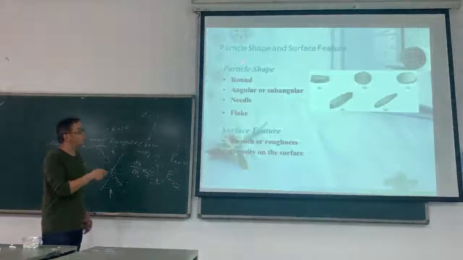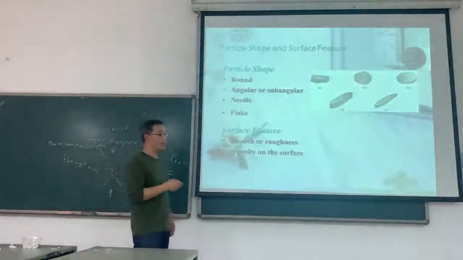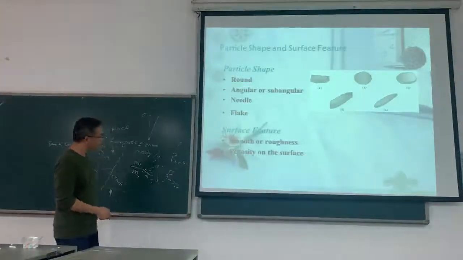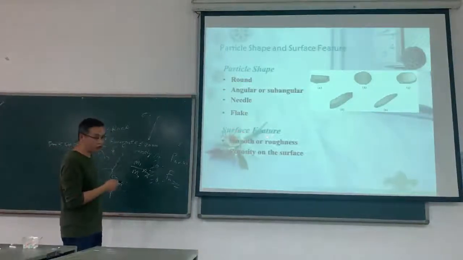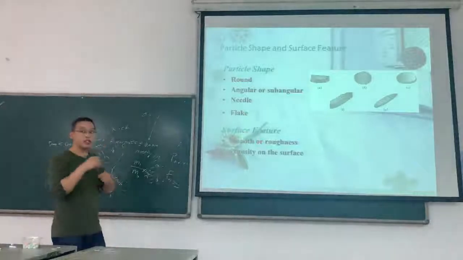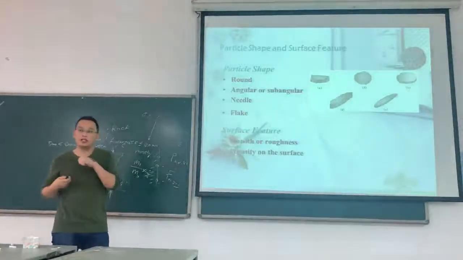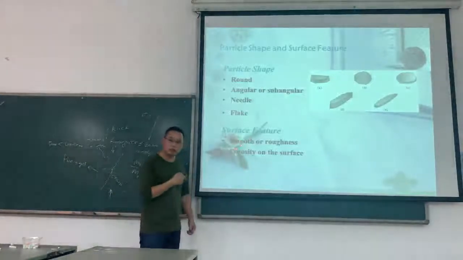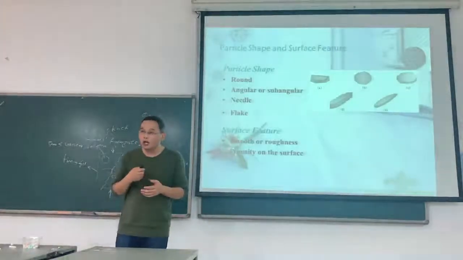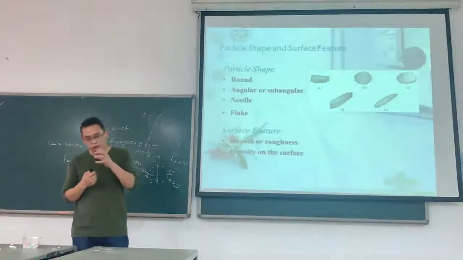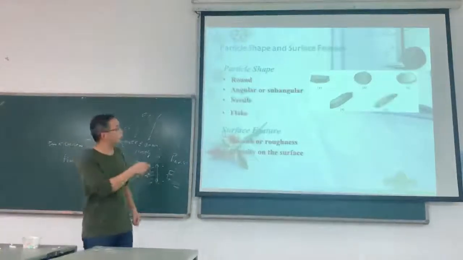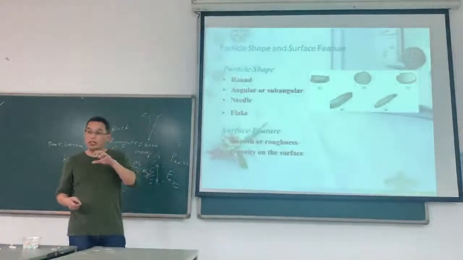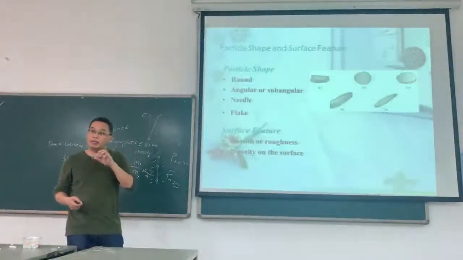So this is for the particle shape of the aggregate. And then for the surface feature, it means the surface of the aggregate. Maybe we can get the smooth surface. What is the surface? Smooth surface, just for the natural material, natural aggregate, as in the paper.